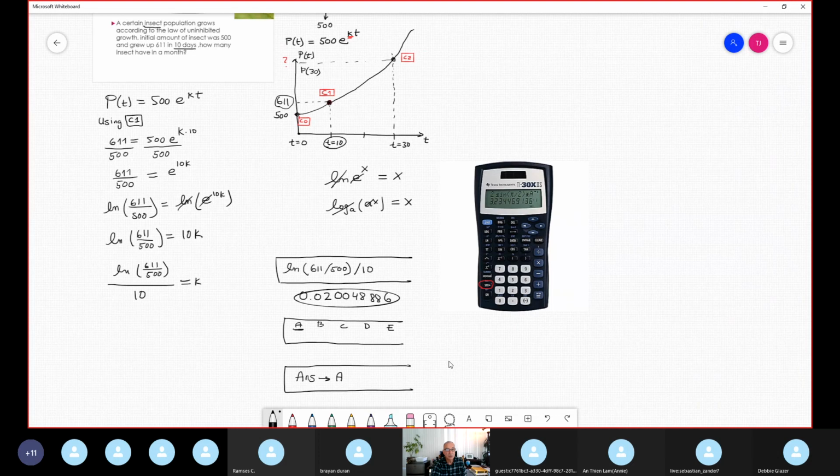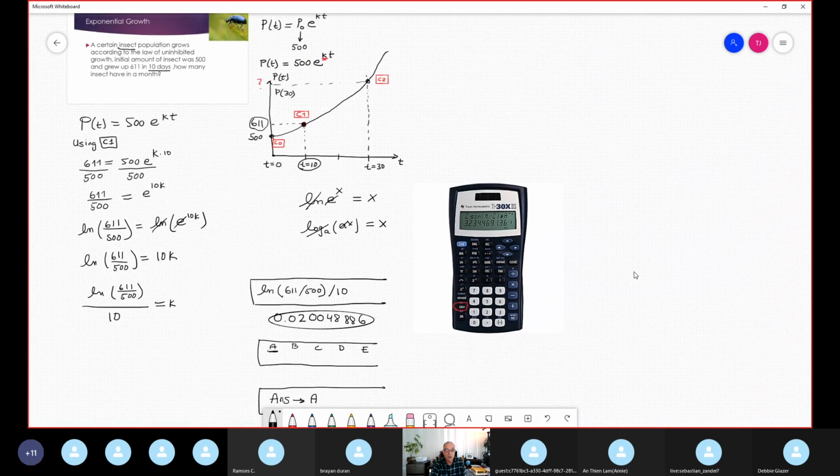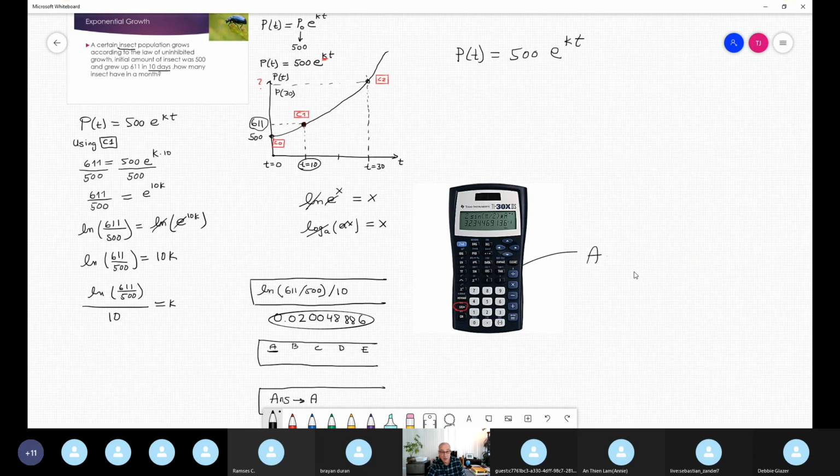And we come back again to the original problem, the original equation, population at any time equals 500 e to the kt. But the difference now is that k I have inside the calculator, like A. In the variable A, I have k.